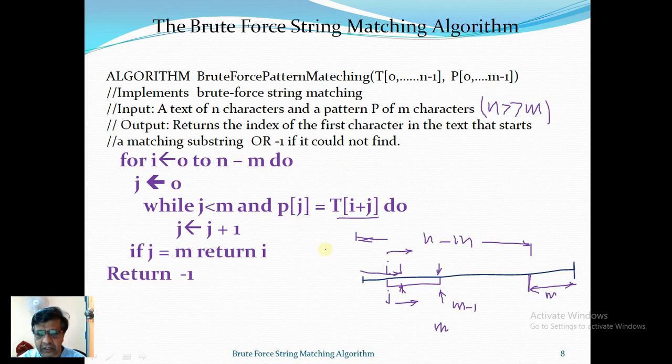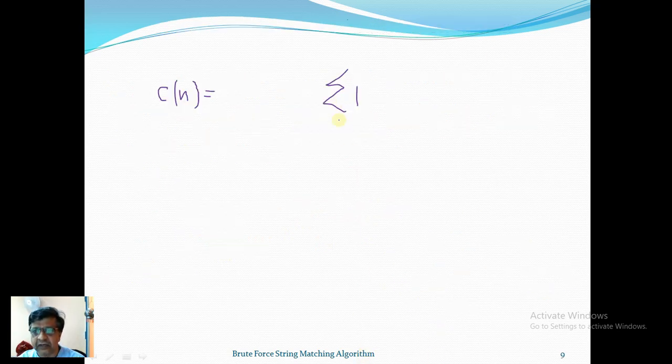Therefore the number of comparisons as a function of the input size, being the text, is: there is one comparison in the inner while loop, which moves from j equal to 0 to m minus 1. This iteration happens several times, for i equal to 0 to n minus m.